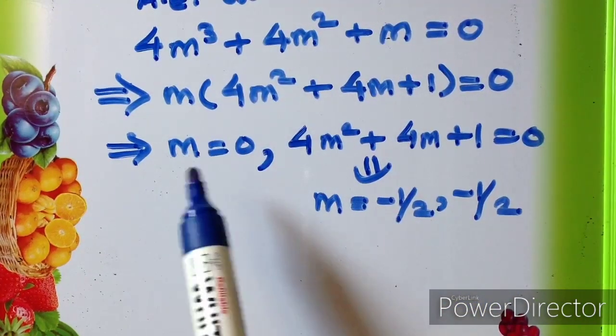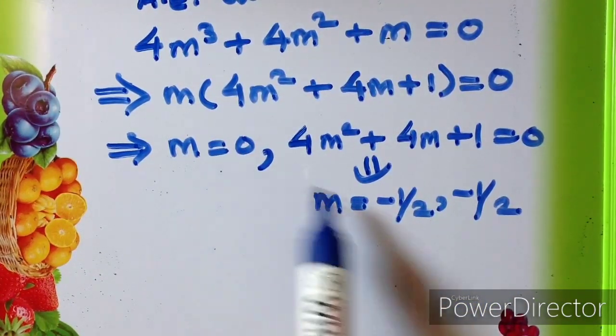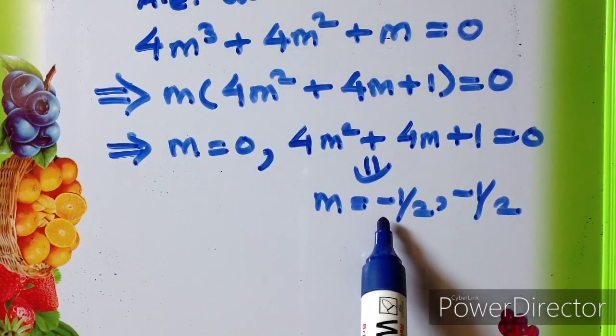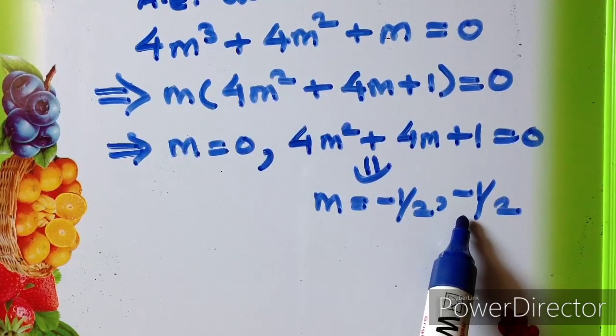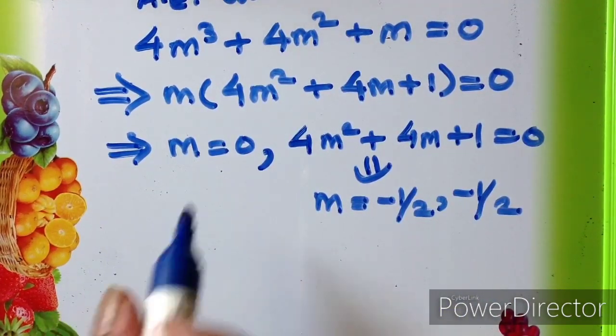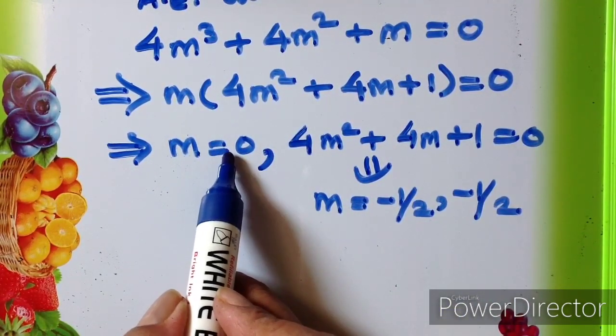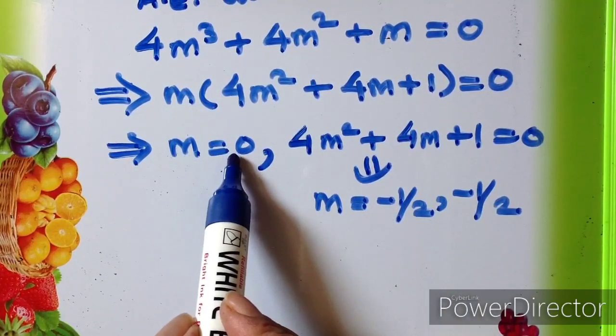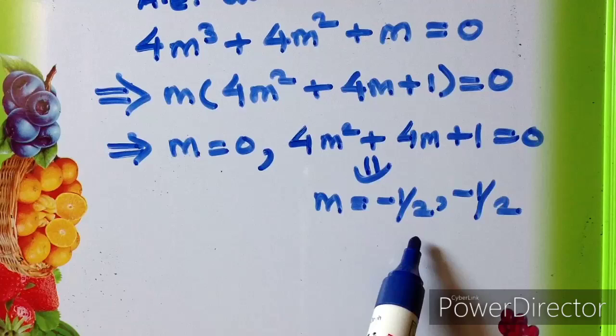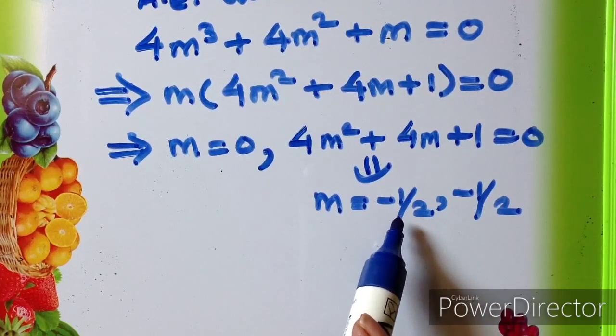So what we have got in this case is one real and distinct root, and two repeated roots. So we are going to apply both the formulas. For case 1, we will use this one, and this is case 2. This is the real and distinct root, and this is the real and repeated root.